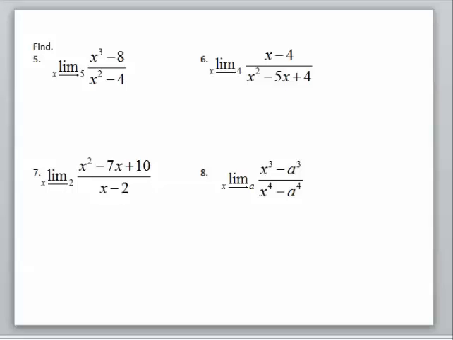Continuing on, I have some more limits here we're going to look at in different manners. This first one, if I try direct substitution, which I'm always going to try first, I get 5 cubed minus 8 over 5 squared minus 4.